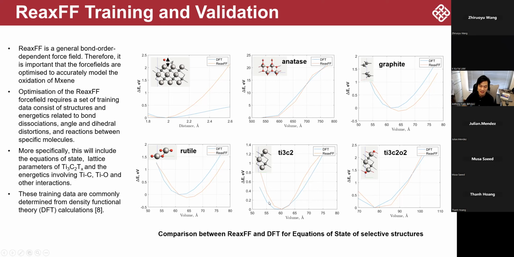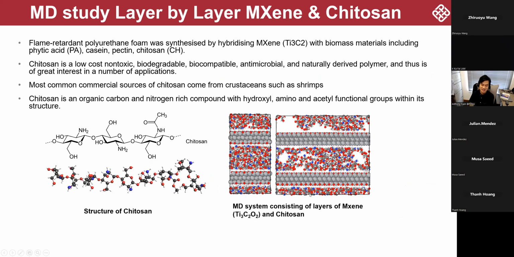If we want to get the density functional theory to match with our force field, we need to do a benchmark. And for more detail, like the Ti3C2O2, we need to do it again, one by one. If we purchase the software for MD, this is actually quite automatic, but it just takes a lot of time to do.